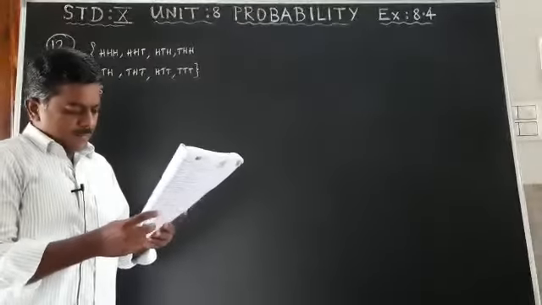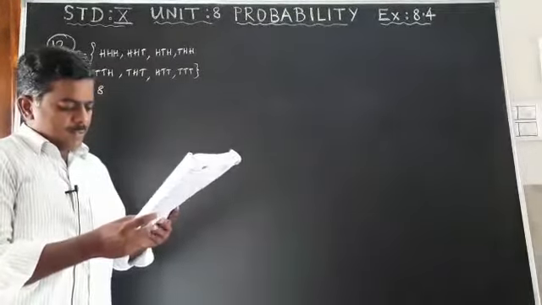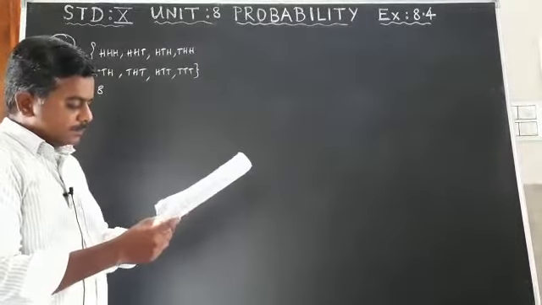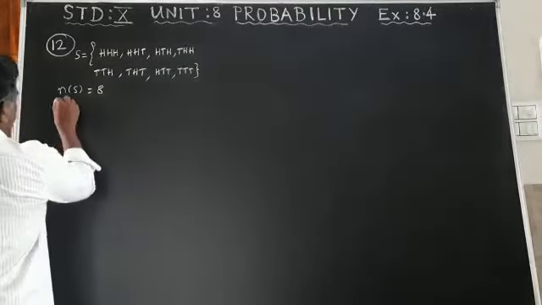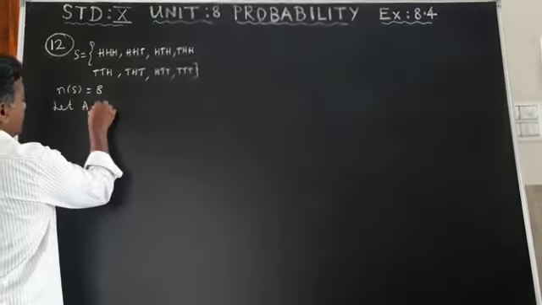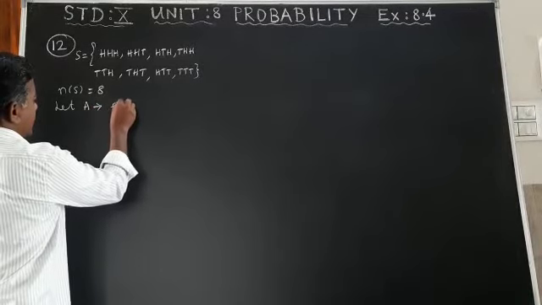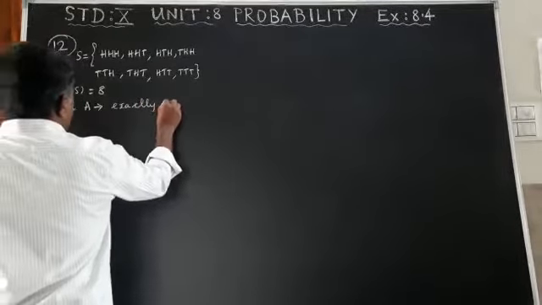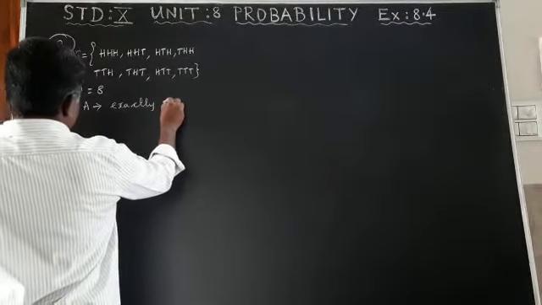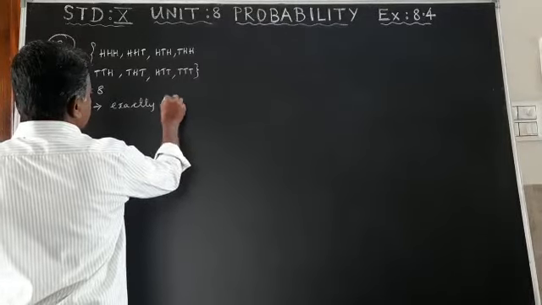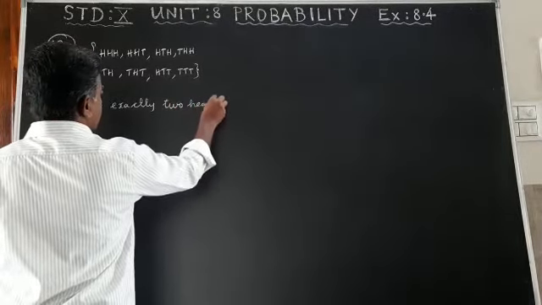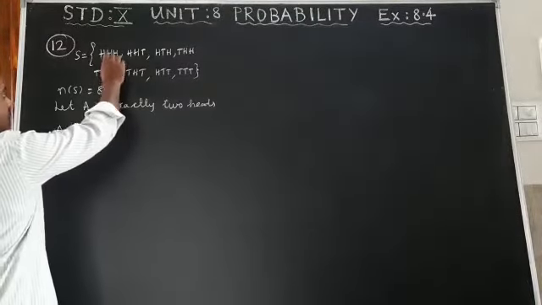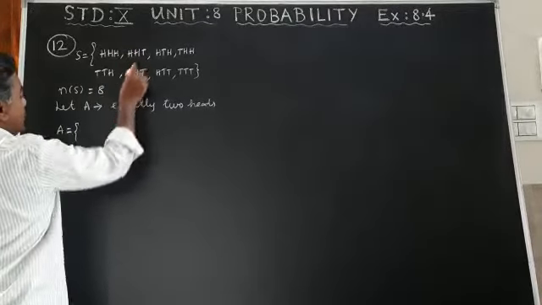The first event is getting exactly two heads. Let A be the event of getting exactly two heads. Then A is equal to: HHH has three heads, no. HHT, two heads.